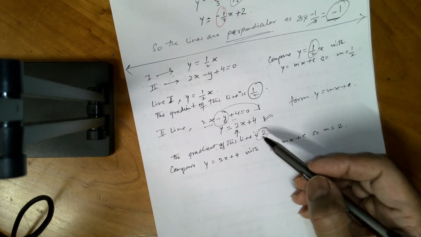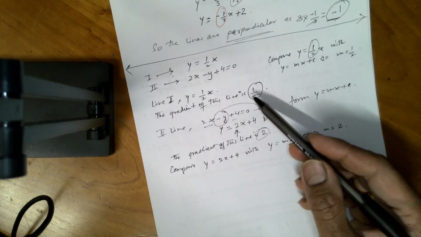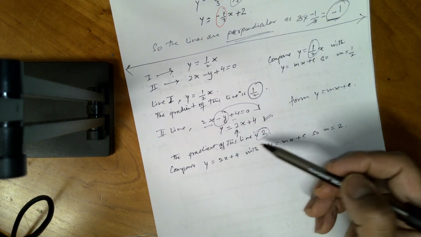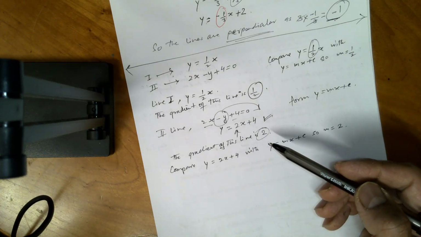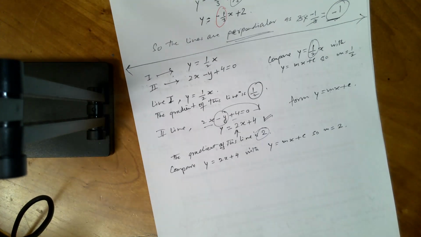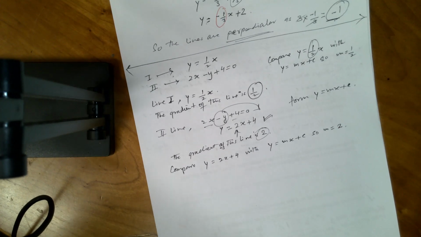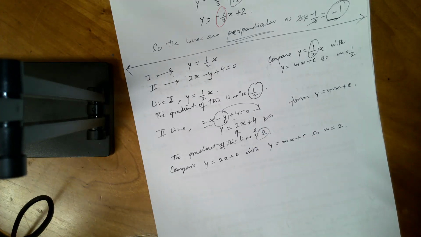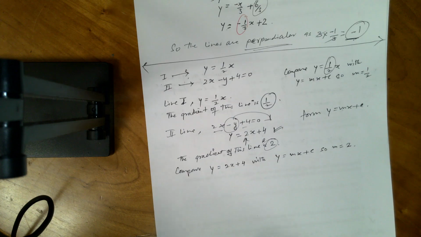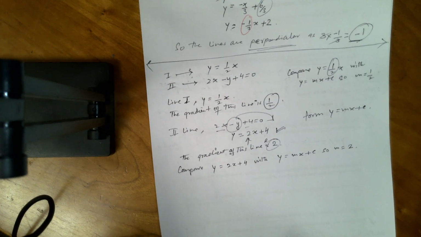Don't just write that the gradient of the line is half and the second gradient is 2 without explaining, because they're asking whether these lines are parallel, perpendicular, or neither. So you need some kind of justification. Why do you think that? You can quote the rule as well. I really recommend that in the exam, if you can remember it.